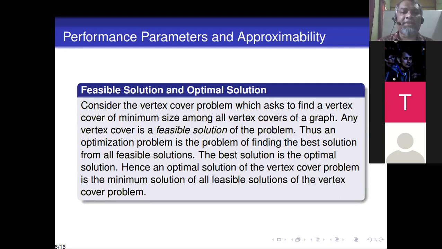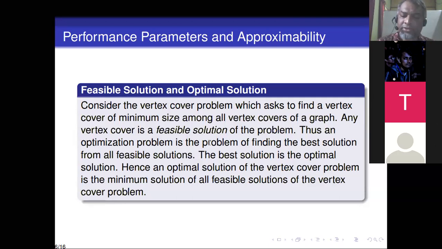The best solution is the optimal solution, and hence an optimal solution of the vertex cover problem is the minimum solution of all feasible solutions. Here I just wanted to make clear the concepts of feasible solution and optimal solution.